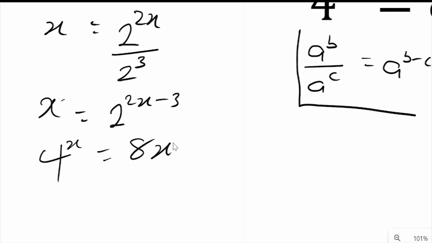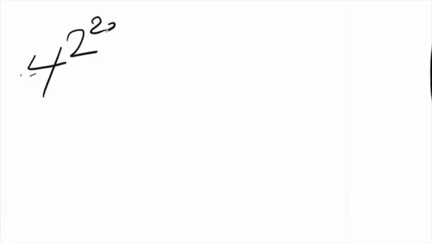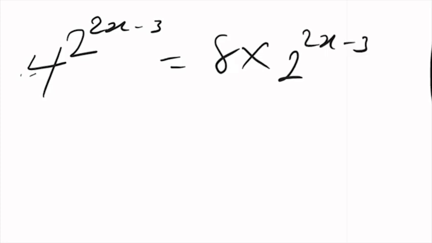So when you do that, you have 4 raised to the power, now x is taking 2 raised to the power of 2x minus 3, which equals 8 multiplied by 2 raised to the power of 2x minus 3. So then we can now simplify. So we have 4 raised to the power 2 raised to the power of 2x minus 3 equals 8 multiplied by 2 raised to the power of 2x minus 3.